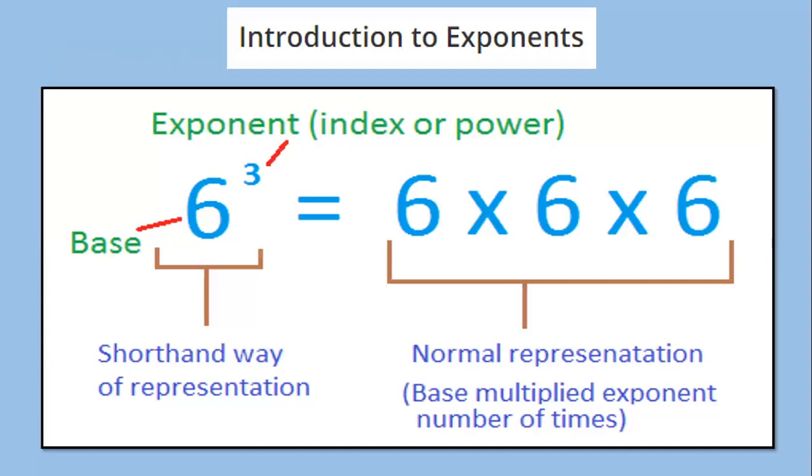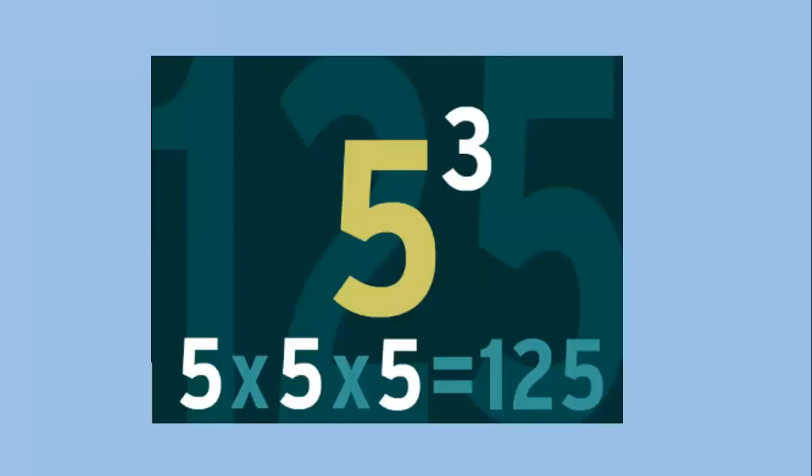Now, this is another example where 6 is used as the base number and the exponent is 3. You will read it as the third power of 6. And when you expand the number, you will get 6 times 6 times 6. Now, another example, the third power of 5.